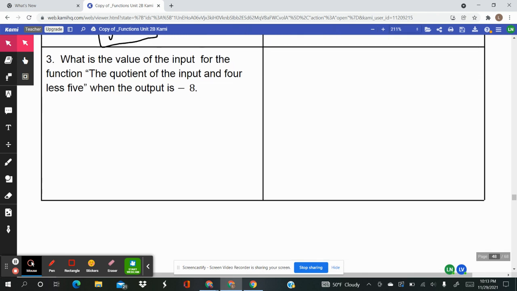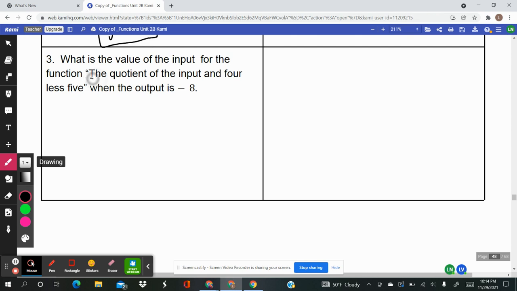So number 3, what is the value of the input for the function, the quotient of the input and 4 less than 5, when the output is negative 8? The quotient of the input.